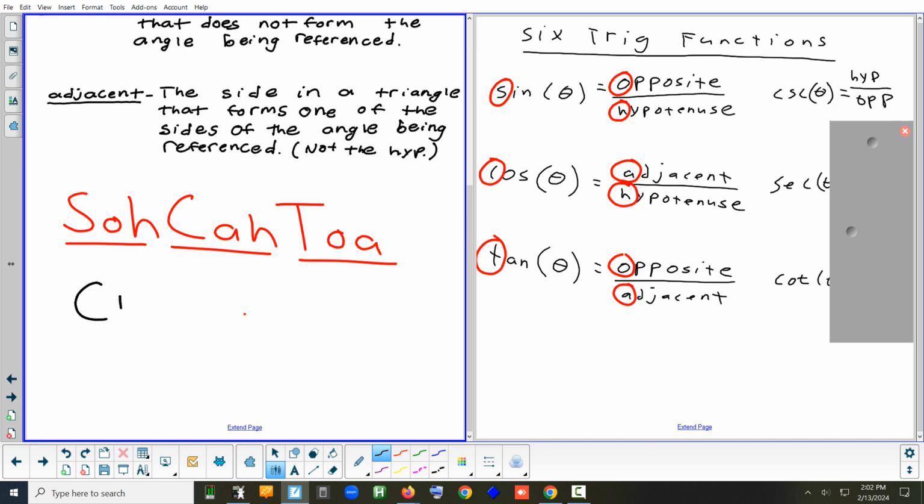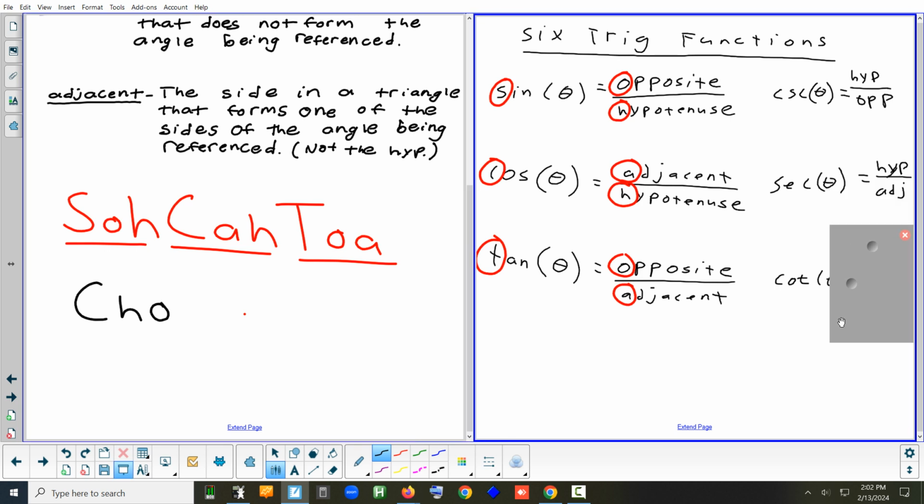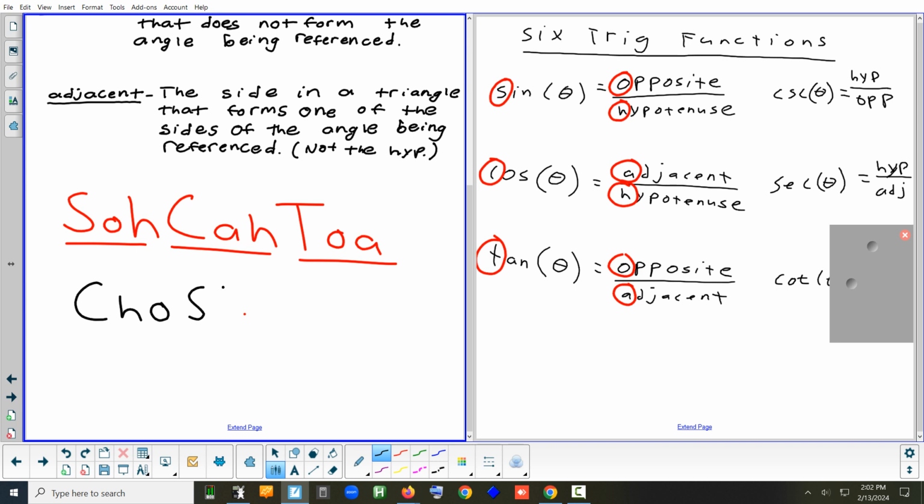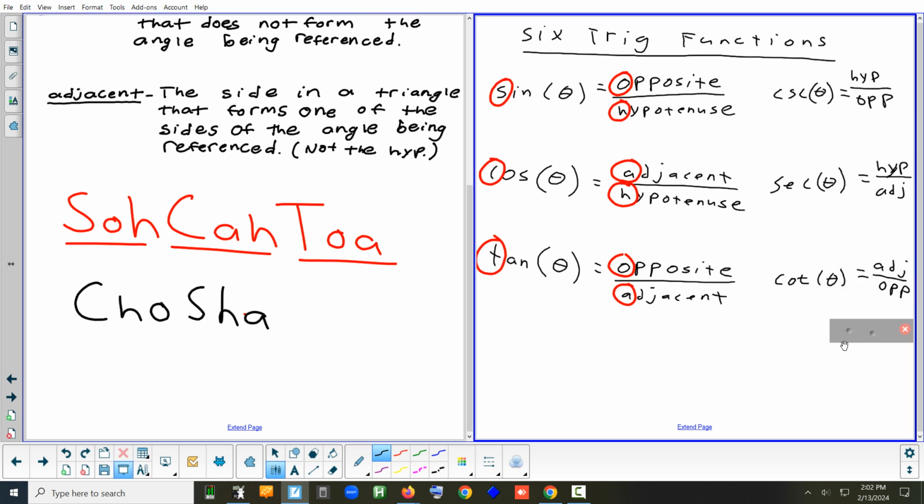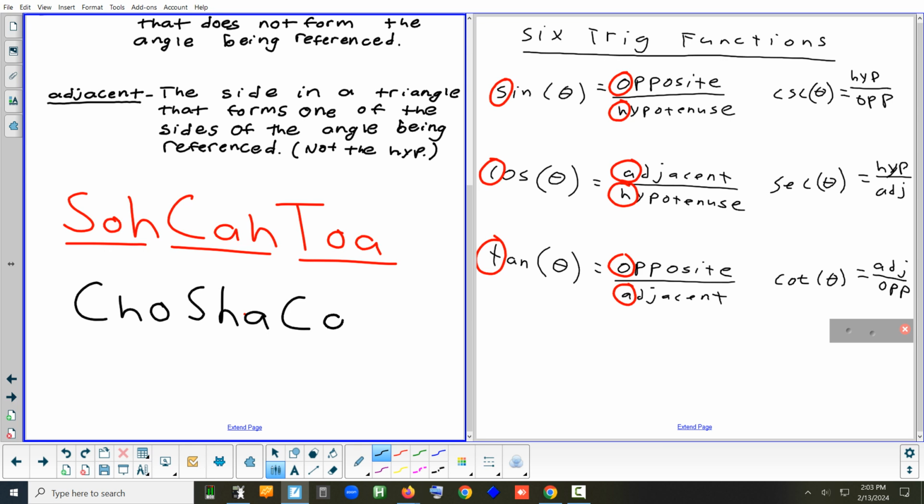Cosecant is hypotenuse over opposite. What do you think the secant is? Hypotenuse over adjacent. And cotangent, what do you think that one's going to be? Adjacent over opposite. So cotangent is adjacent over opposite.